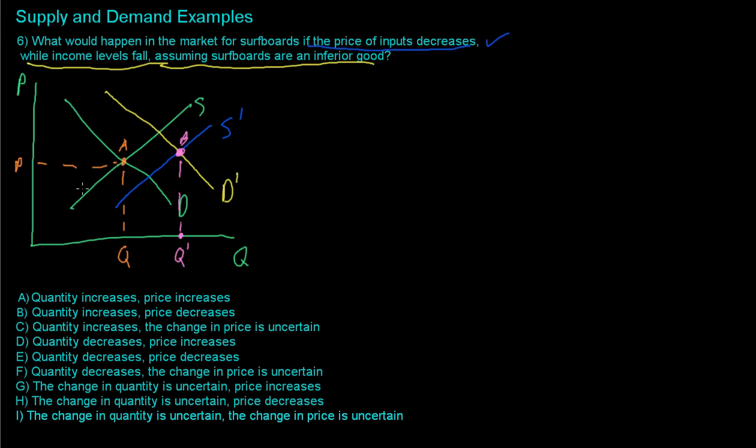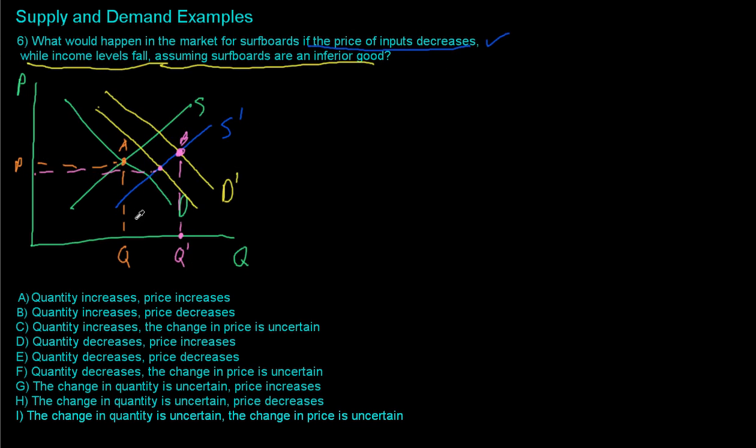Because as I've drawn it, price increases probably a little bit, but I could have also drawn it so that demand was, let's just make it super exaggerated, I could have just drawn a little teeny tiny increase in demand, and then price wouldn't have increased much at all, or actually it would have decreased, sorry. So price would have gone to this point over here, which would have been a small decrease.